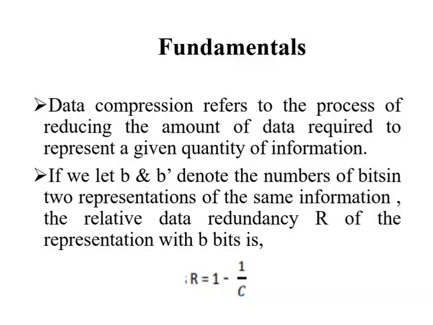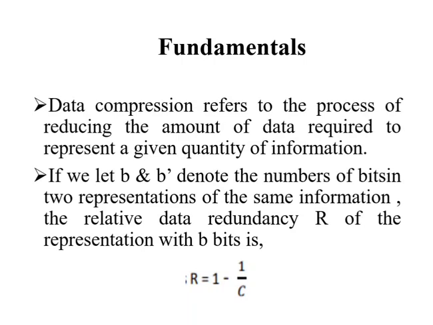The next one is fundamentals of image compression. Data compression refers to the process of reducing the amount of data required to represent a given quantity of information. Data are the means by which information is conveyed. Because various amounts of data can be used to represent the same amount of information, representations that contain irrelevant or repeated information are said to contain redundant data.